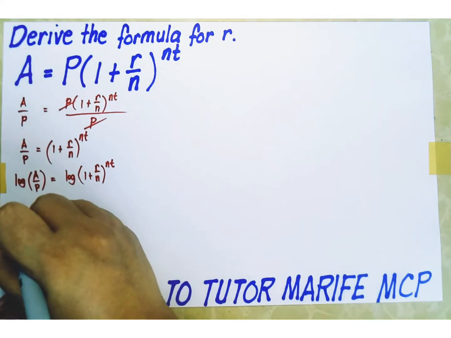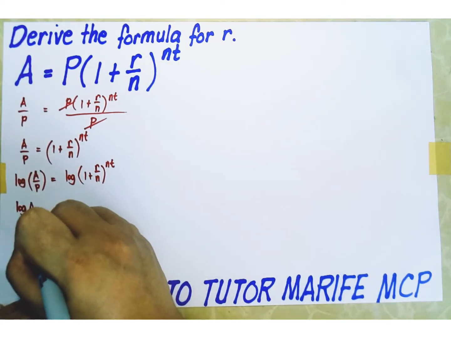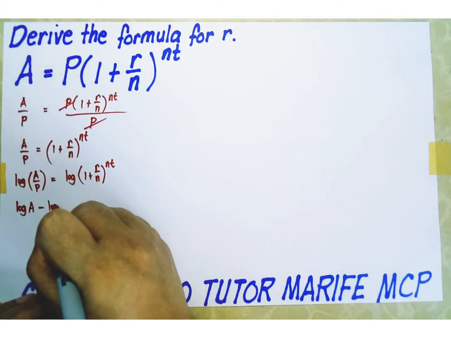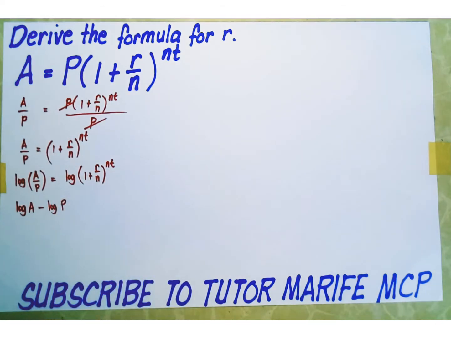So we take the logarithm of the numerator less logarithm of the denominator. So it's the application of the quotient rule for logarithm.